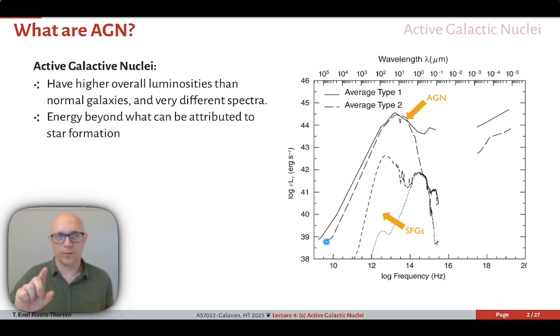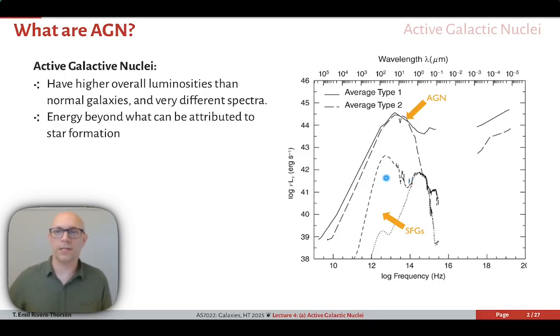I should point out here that the x-axis is frequency, which is flipped compared to what we're used to looking at in wavelength space, such that higher energies and shorter wavelengths are to the right, whereas we are usually looking at it on the left side of the axis. But what we can see is, well, you should be able to recognize the two humps of the SED of a star-forming galaxy from the last lecture.